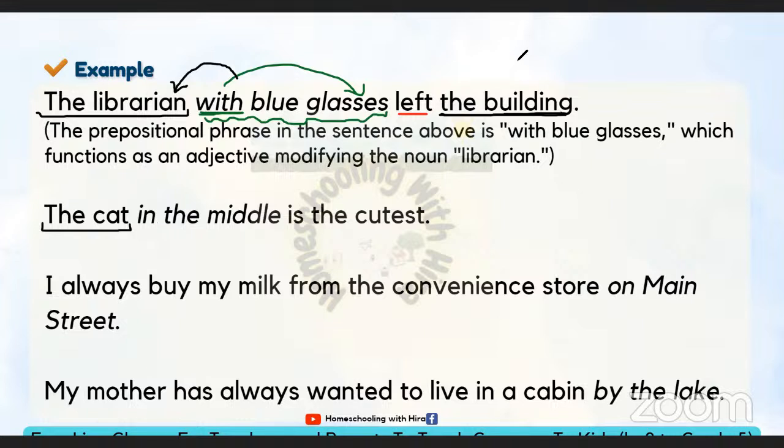In is a preposition indicating the start of our prepositional phrase. In the middle, this middle is the noun of this preposition. So यहाँ से शुरू होगा, यहाँ पे खत्म होगा. Is the cutest. Is a state verb here, or linking verb. And the cutest.